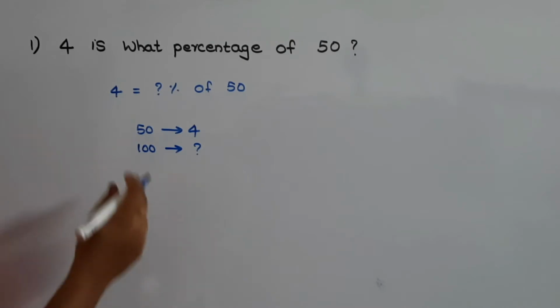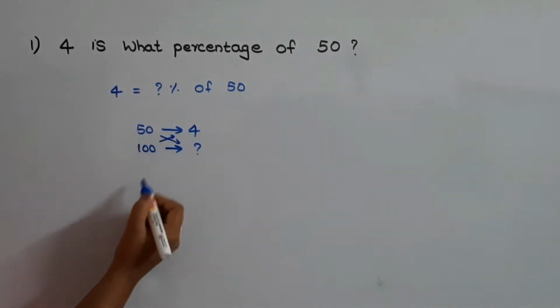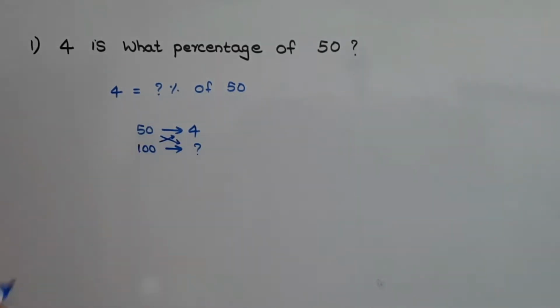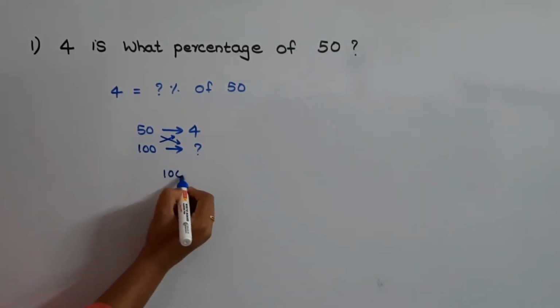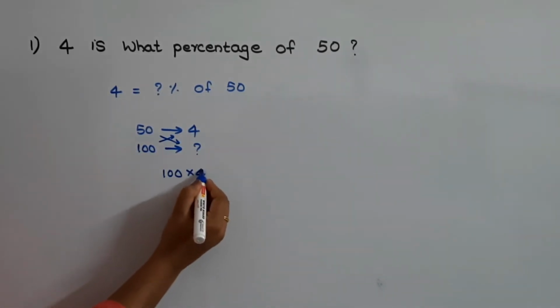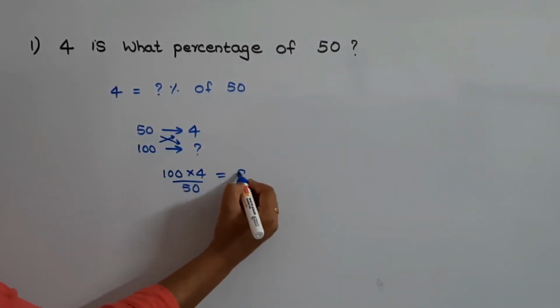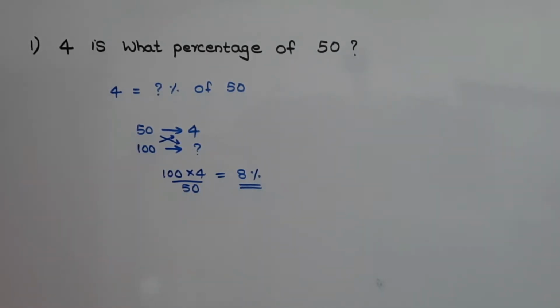These are directly proportional, so we can find this value by cross multiplying, that is 100 into 4 divided by 50. This will be equal to 100 into 4 divided by 50, which is 8%. So this is the answer.